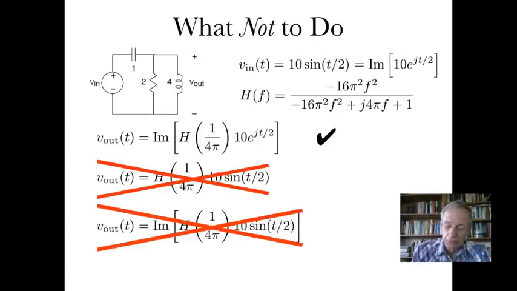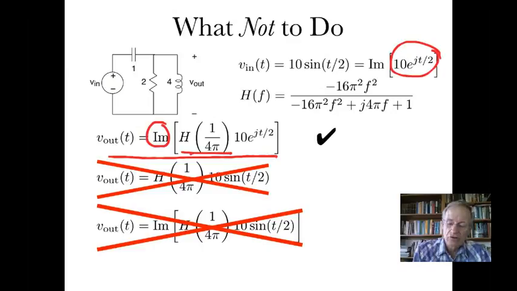Okay, so I hope this helps. We now know a very general result. The output for any sinusoidal input of a circuit is going to be a sinusoid at the same frequency, and the way we find it is by converting to complex exponential form and then multiplying by the transfer function and taking the real or imaginary part depending on how we chose to do.